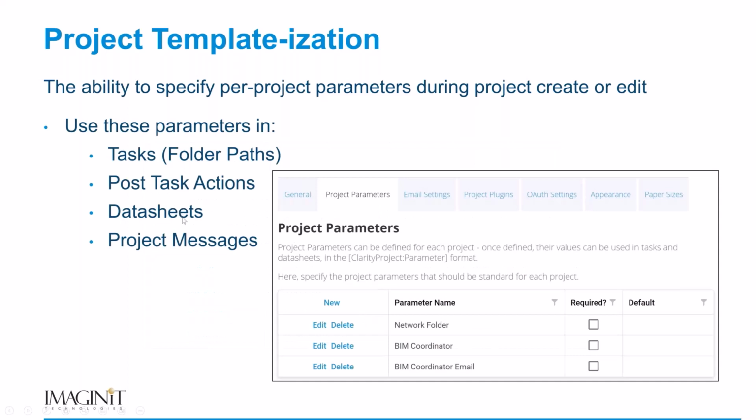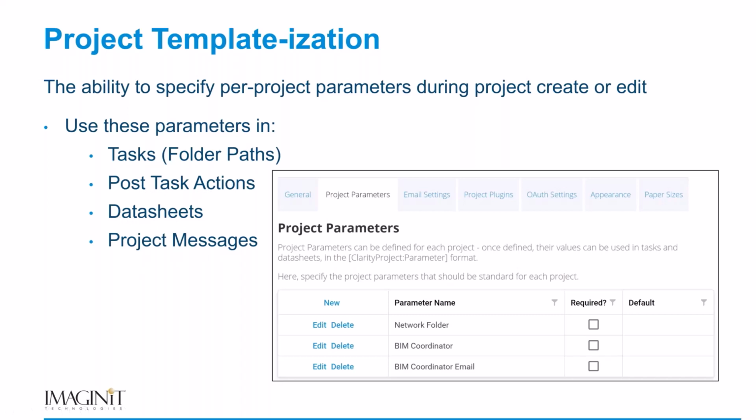Now, the benefit to this is once these have been assigned on a per project level, they are now usable in tasks, any place where you're being asked for a folder path, anytime, post-task action, use in data sheets, use in project messages.